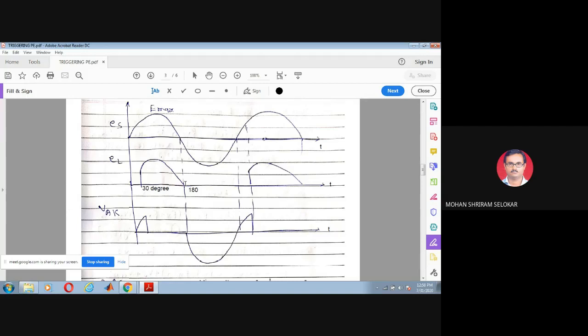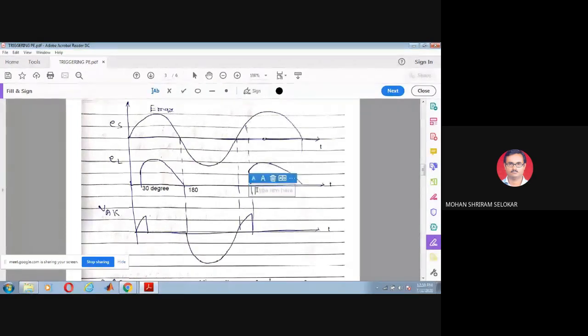When the current flowing through the SCR becomes less than or equal to the holding current value, the SCR turns off, and as soon as the SCR turns off, the voltage across the SCR will be nothing but the applied voltage, whereas the voltage across the load is zero.